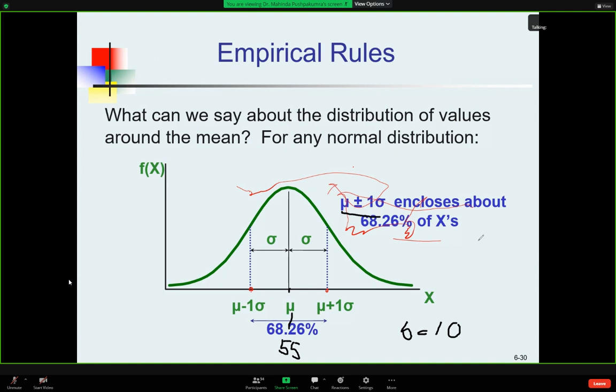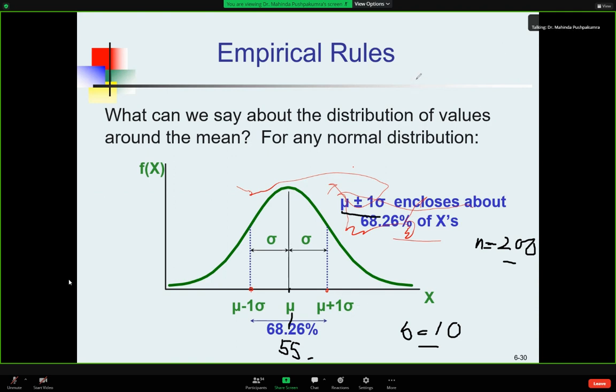Let's say you have collected data with a sample size of 200. Then the mean is 55, the standard deviation is 10. We assume the variable x is normally distributed.